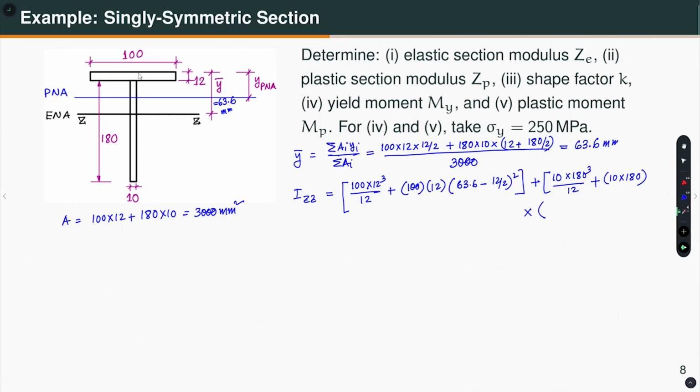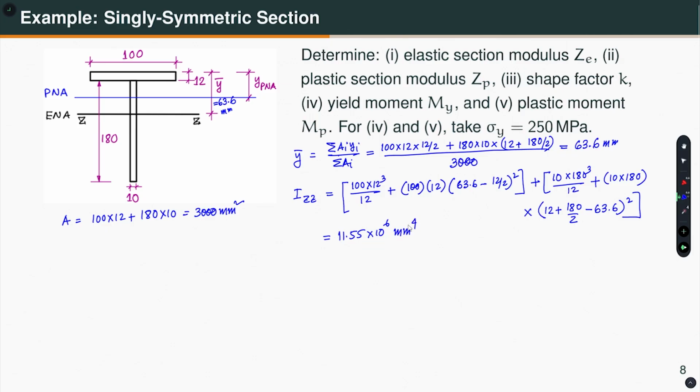From the top to the middle of the web is 12 plus 180 by 2, and this is my elastic neutral axis, 63.6, so minus 63.6 whole square. This gives me 11.55 into 10 raised to the power 6 mm raised to the power 4.